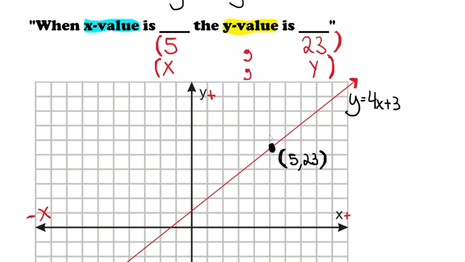The key concept that we're trying to get at in 8th grade is when we have something defined at 23, what is the x coordinate? That is the focus of linear equations, finding the missing value when we know what the y coordinate is.